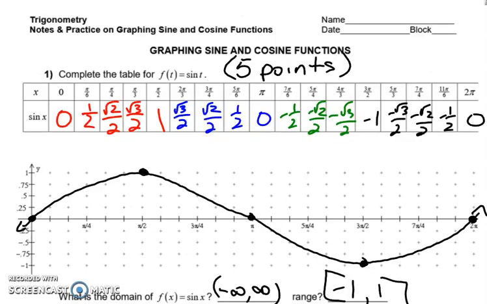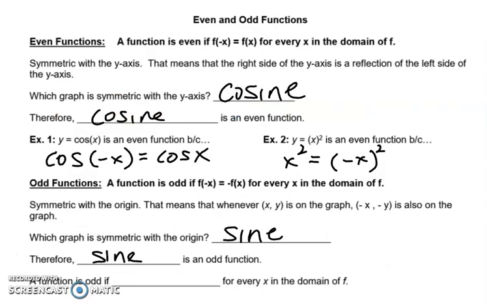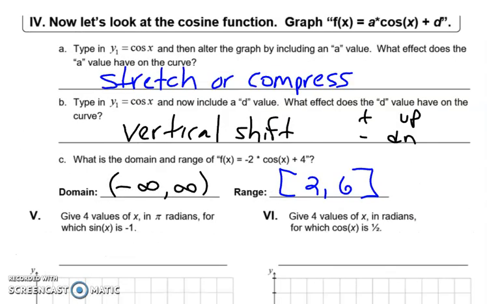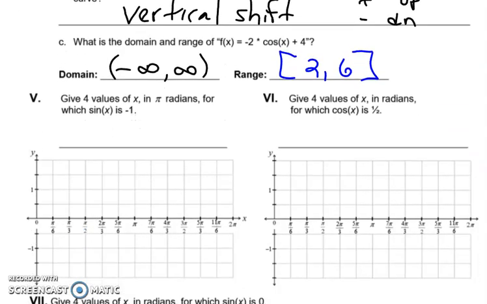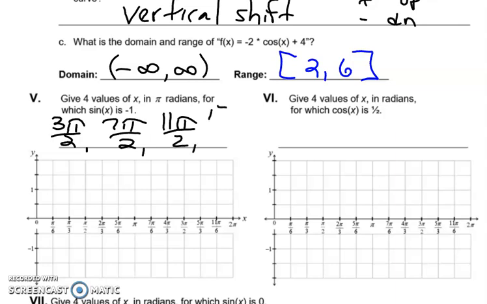So think coterminal angles. If we take 3 pi over 2 and we find the coterminal angles, name 4 of them. We got 3 pi over 2. We're going to have 7 pi over 2. We're going to have 11 pi over 2 and 15 pi over 2.